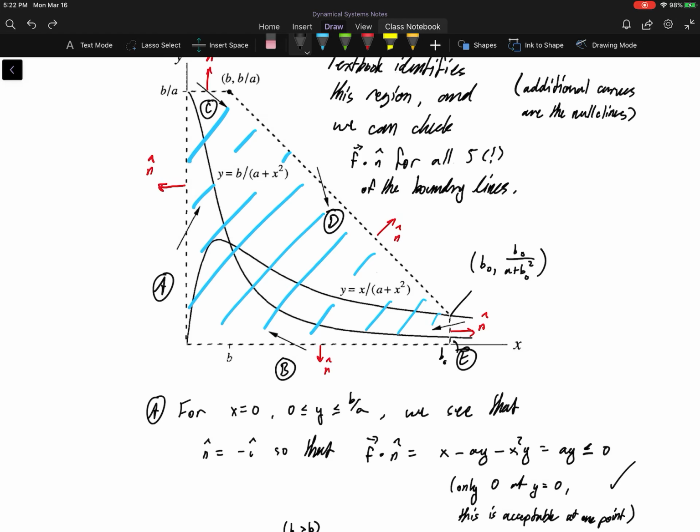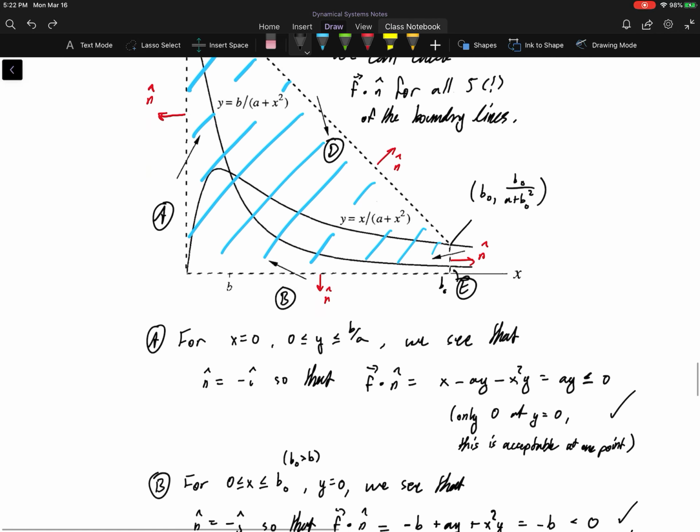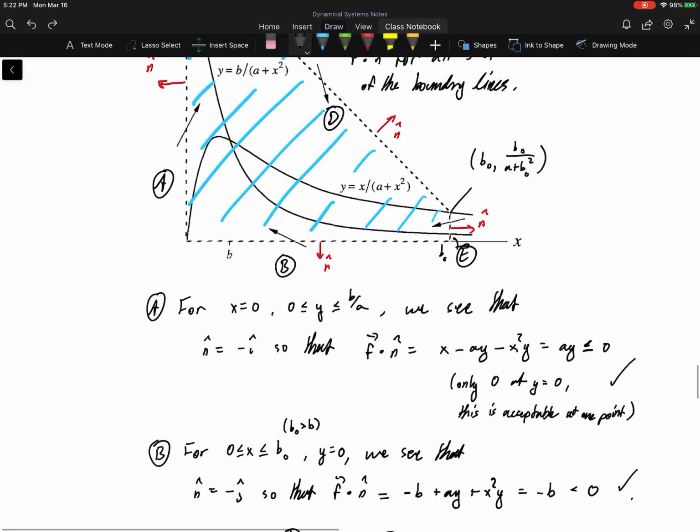So this is (-1, 0). And we compute directly f dot n hat is just going to be a times y. Did I do that correctly? There should be a negative in here. Yep, that's right. So a negative ay.